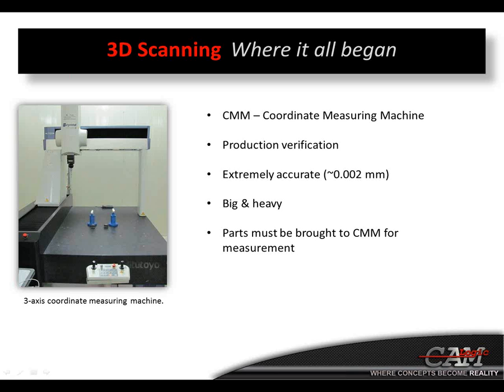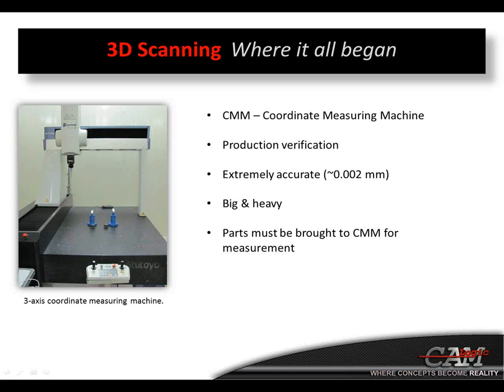We see here pictured a 3-axis coordinate measuring machine, and obviously they were designed to be accurate. So we're talking down to thousandths of a millimeter, 1-2 microns for these machines, and some of them even less than that. They are big and they are very heavy.